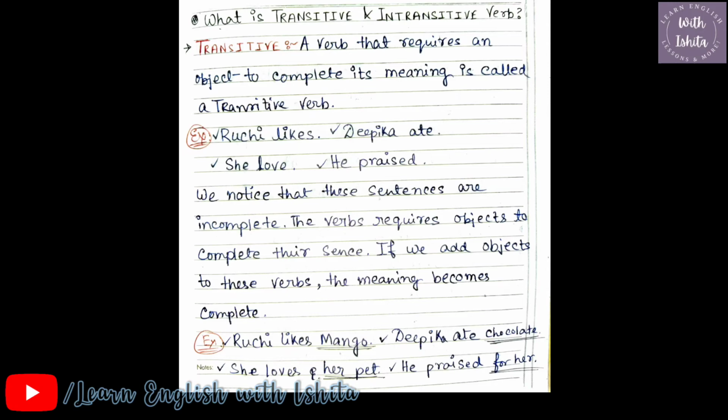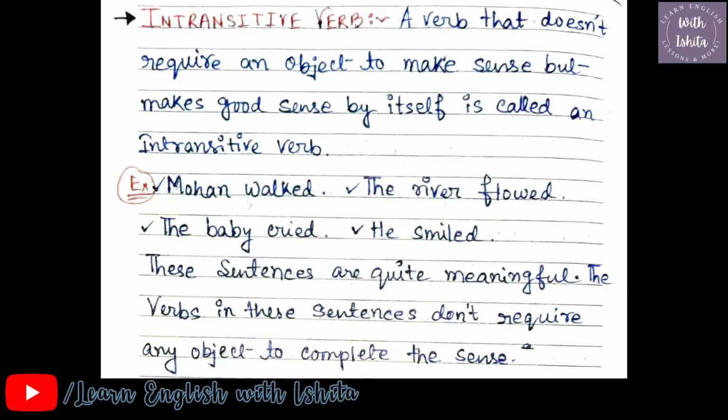And so what about the intransitive verb? A verb that doesn't require an object to make sense but makes good sense by itself is called an intransitive verb. Remember that point? A verb that doesn't require an object. A transitive verb requires an object to complete its meaning, but an intransitive verb doesn't require an object to complete the sense. It can make good sense by itself, that is called an intransitive verb.